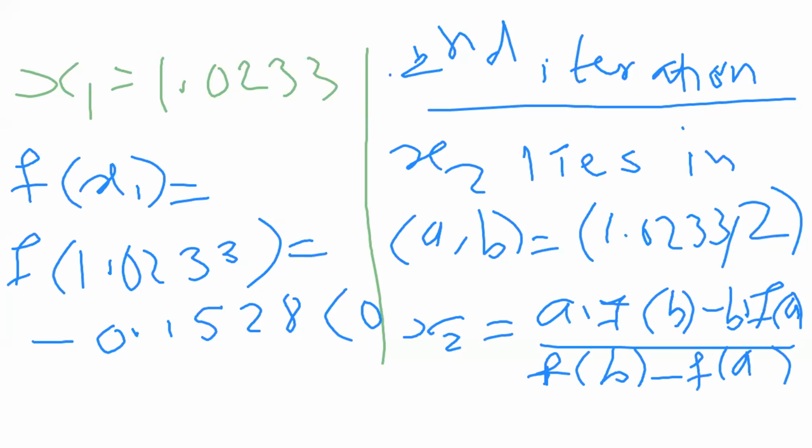A means 1.0233, B means 2. We have the interval and their values in the function. We have f of a and f of b as well. So tell me what is x2? Do the calculation, everyone. 1.03581.